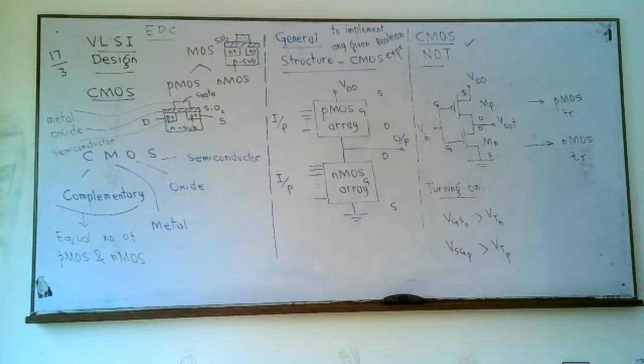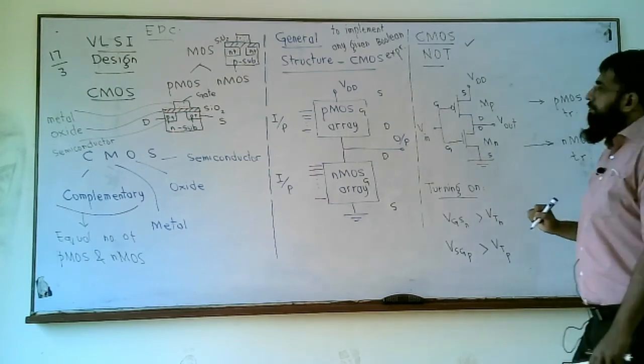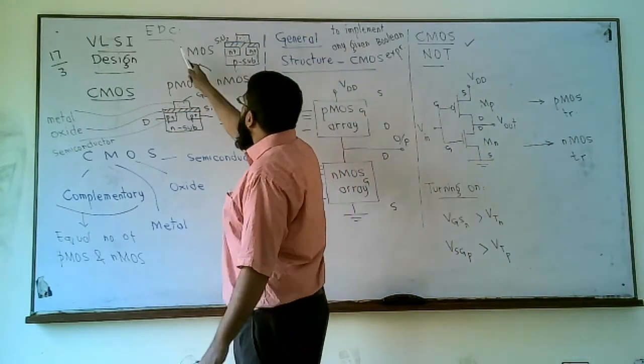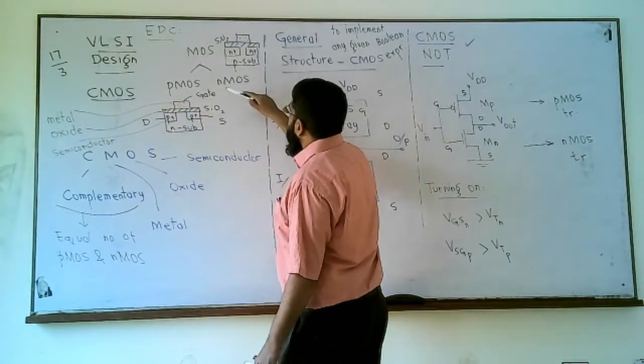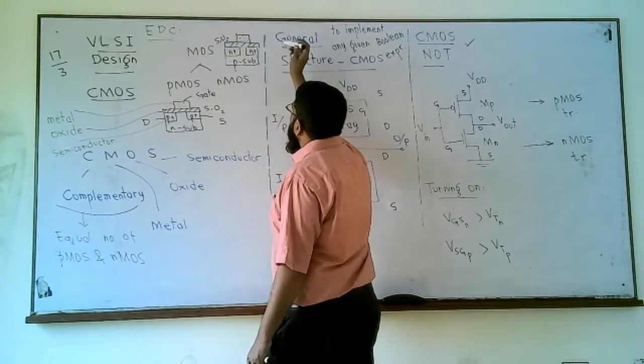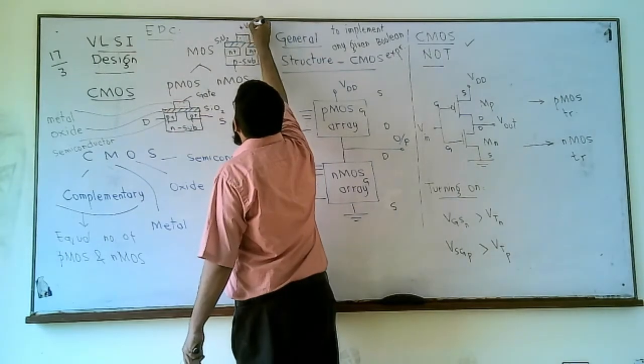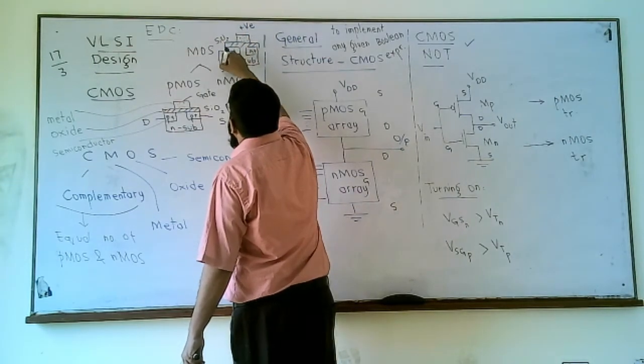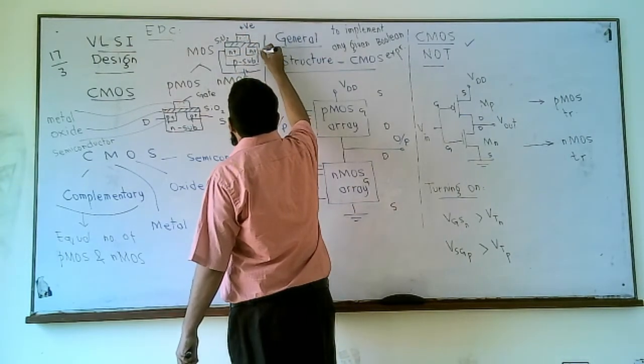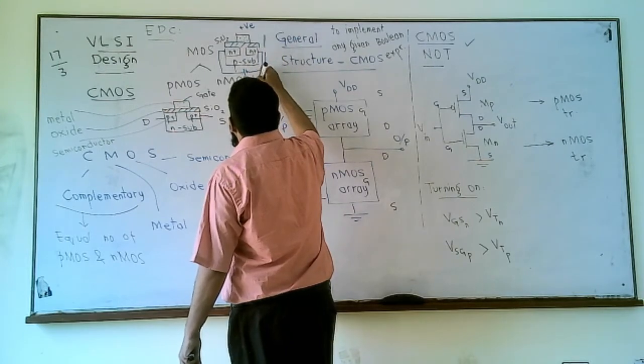Right. And we know that we studied in EDC, for example for this nMOS transistor we apply a positive voltage to this gate terminal and we apply a voltage difference between drain and source, VDS.